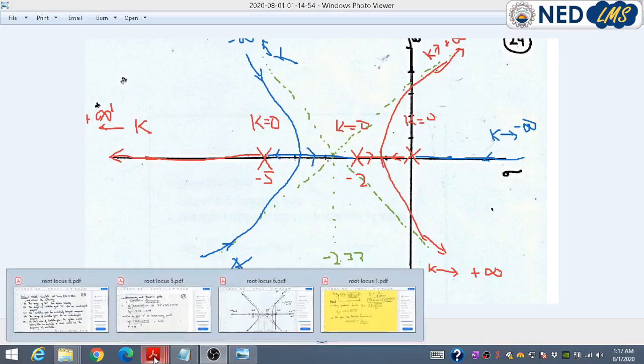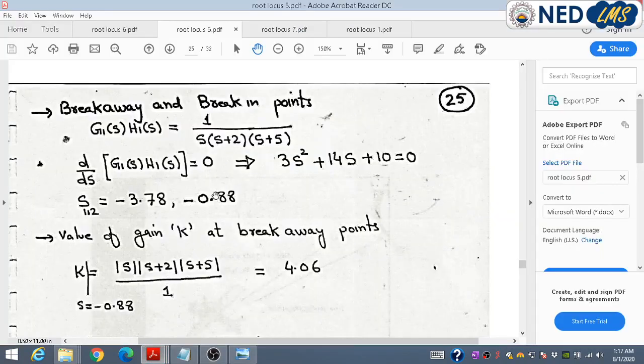We know that the breakaway point can be found by differentiating the open loop transfer function and equating the derivative to 0. Then this would be our polynomial after the differentiation, and the solution of this polynomial comes out to be real.